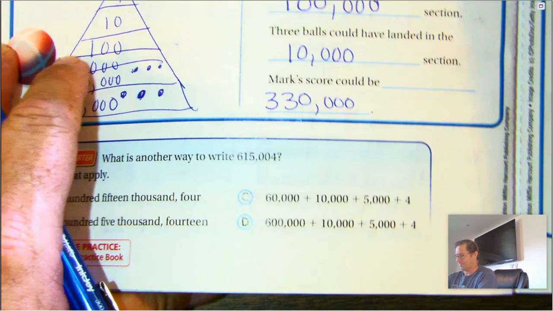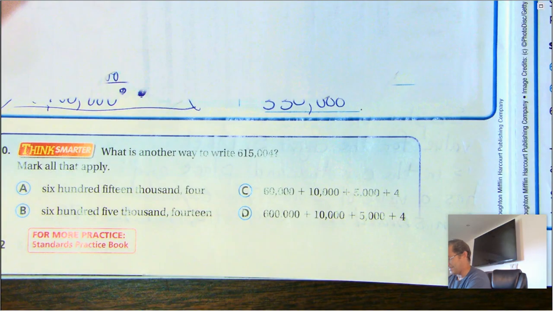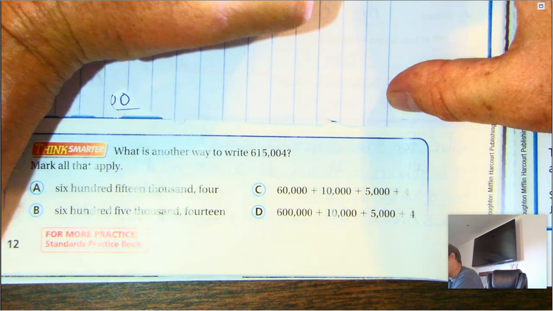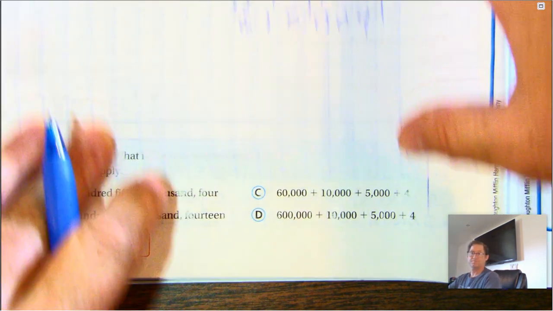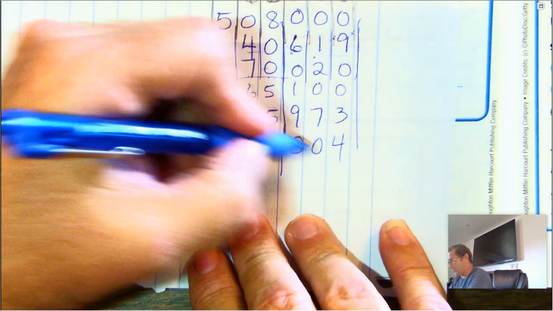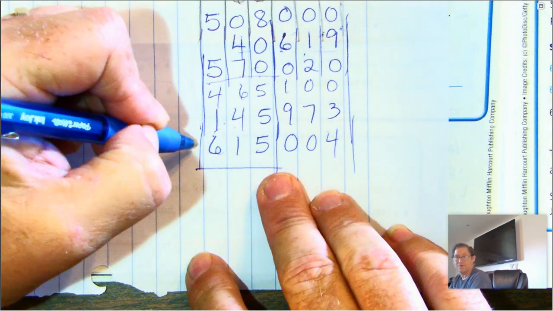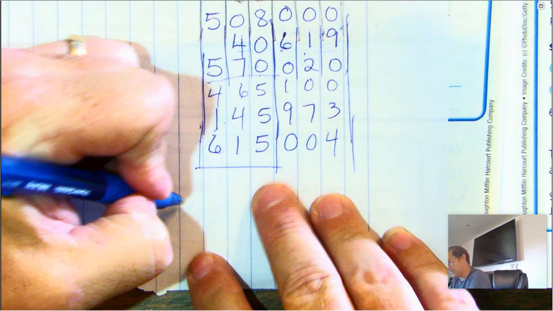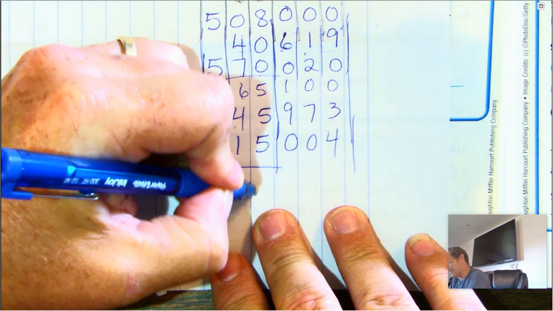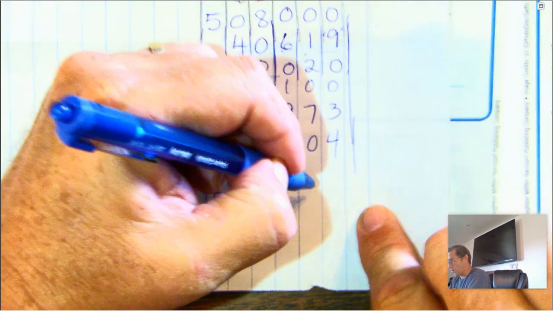So if we go back to our place value chart one last time, we have 615,004. And we know from practicing that these first 3 numbers are in the thousands. So we could say 615,000, and in the second period is 4.